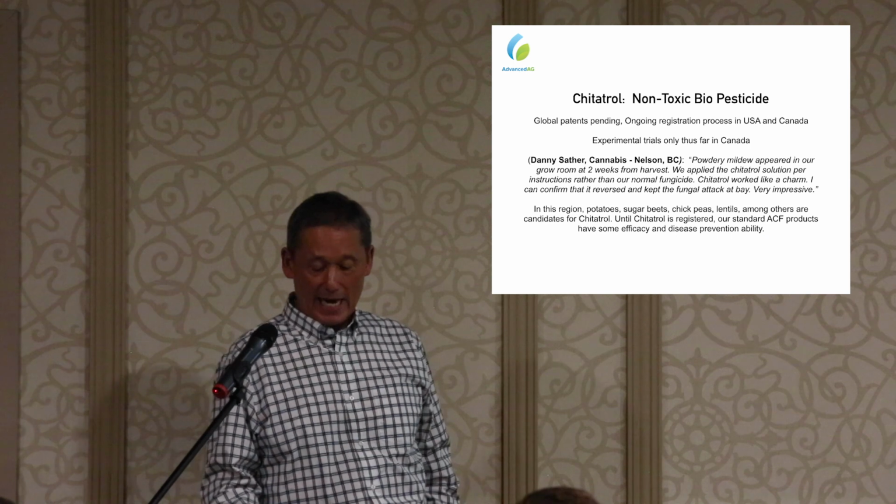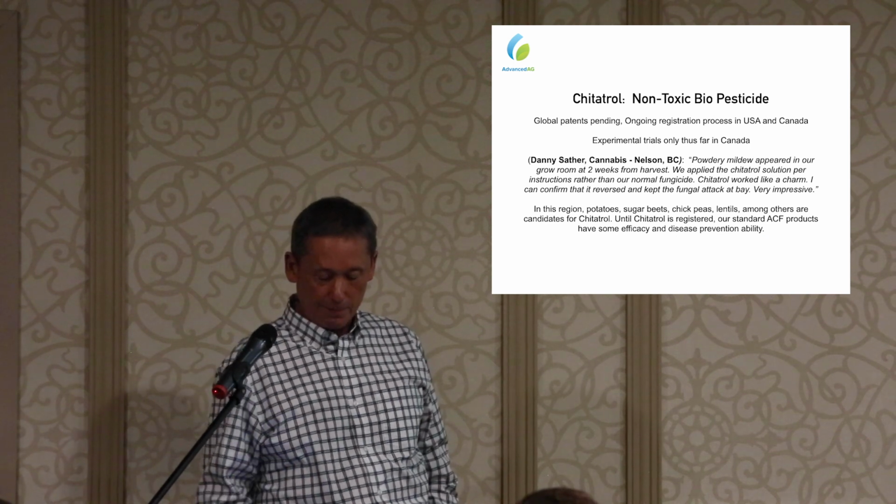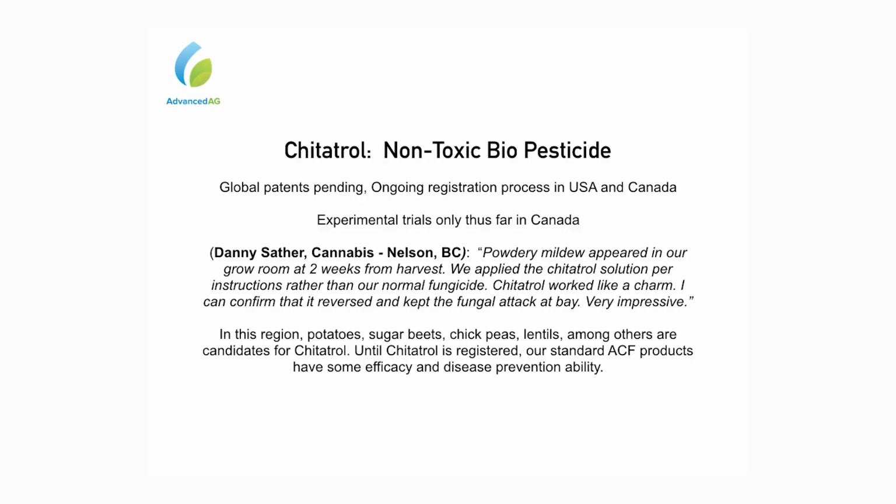The enzyme being produced is called chitinase. The trade name is Chitotrol, a non-toxic biopesticide. There have been some spotty trials, nothing significant here in Canada, but people have seen some really good results with that. There's been no sale yet because it's not legal, but there are countries where we've been able to get it out there pretty well.